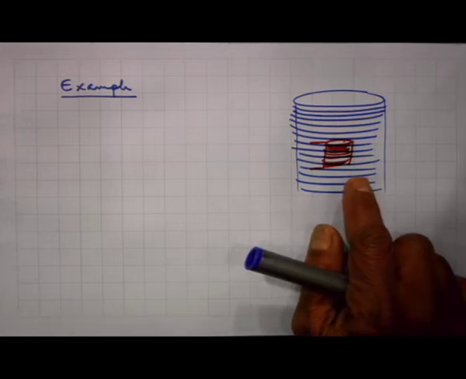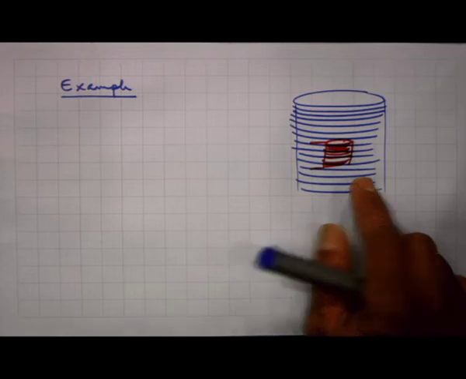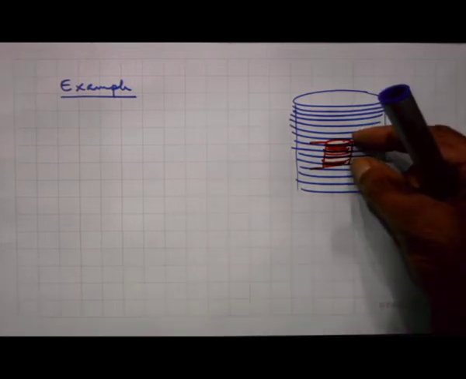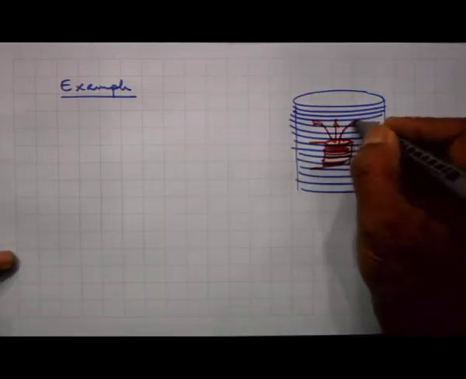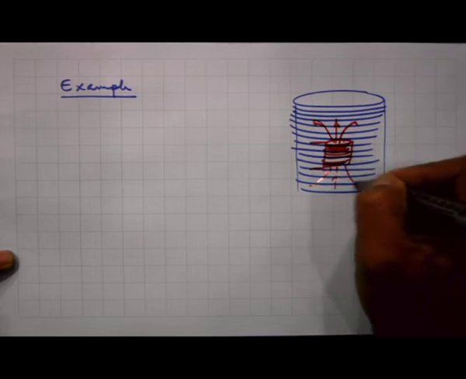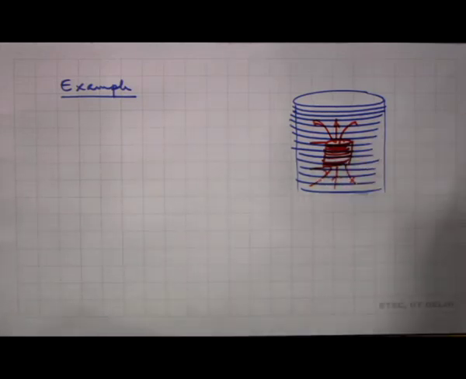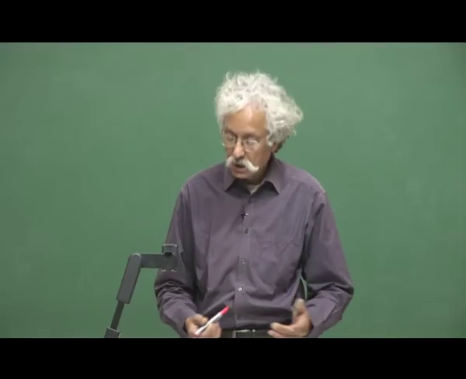Now, you see here the problem becomes quite complicated, because this solenoid is not an infinitely long solenoid. It will generate its magnetic field like this. So, each loop of the outer solenoid is enclosing different amounts of magnetic flux and so on.